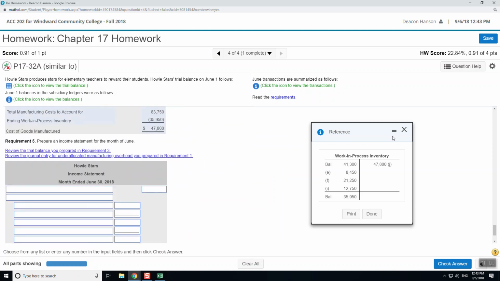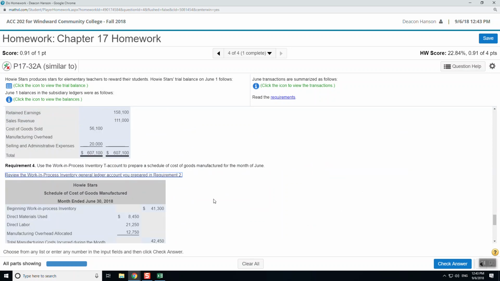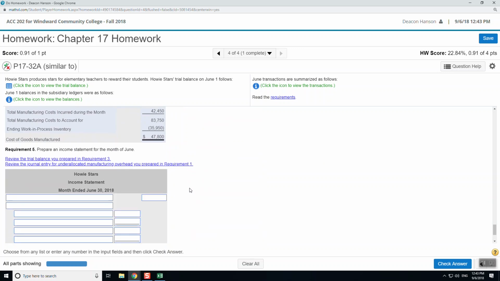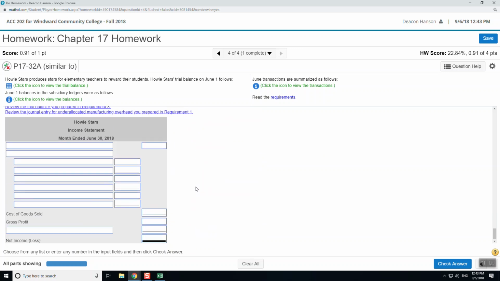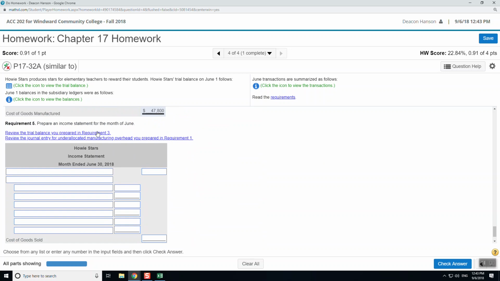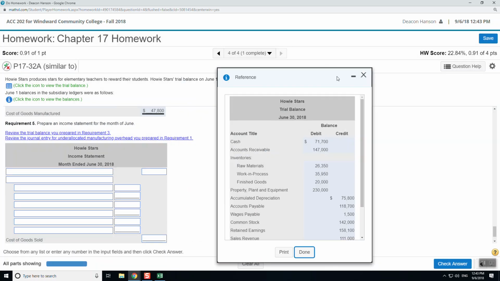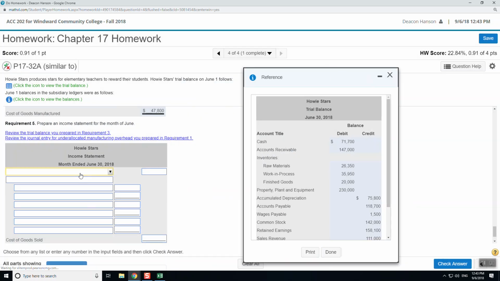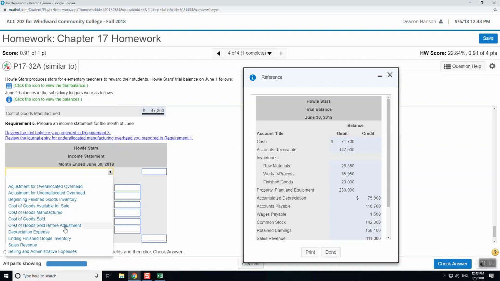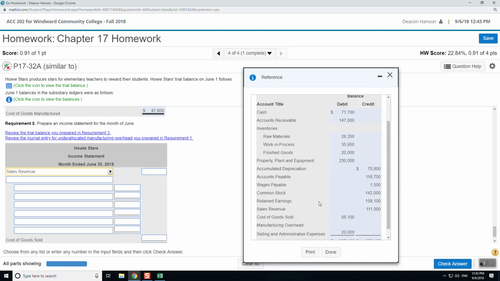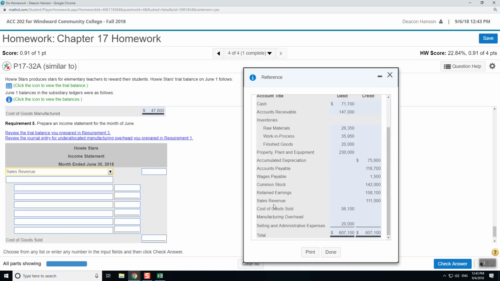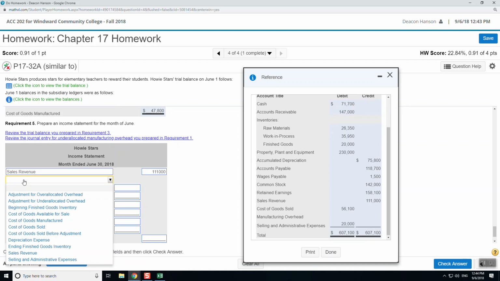Okay. Now, requirement 5, make the income statement. Okay. So really, you know how to make an income statement. You're going to take sales revenue, which was 111,000. Then you're going to subtract cost of goods sold.